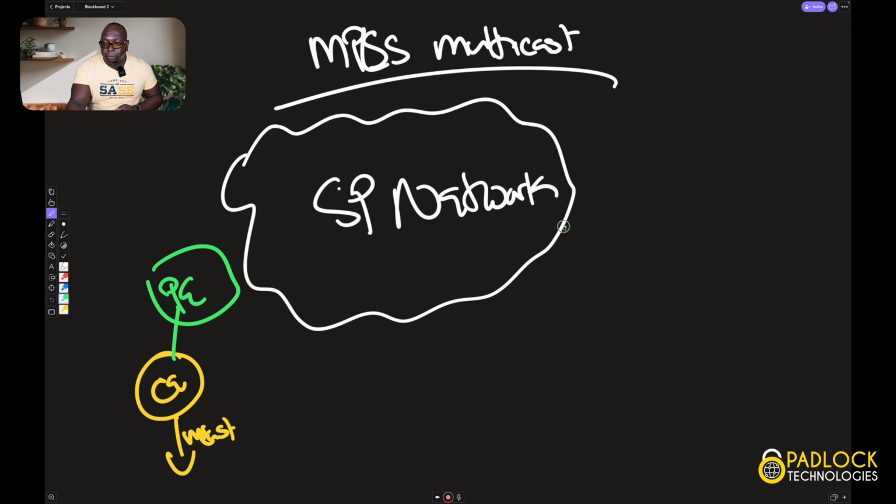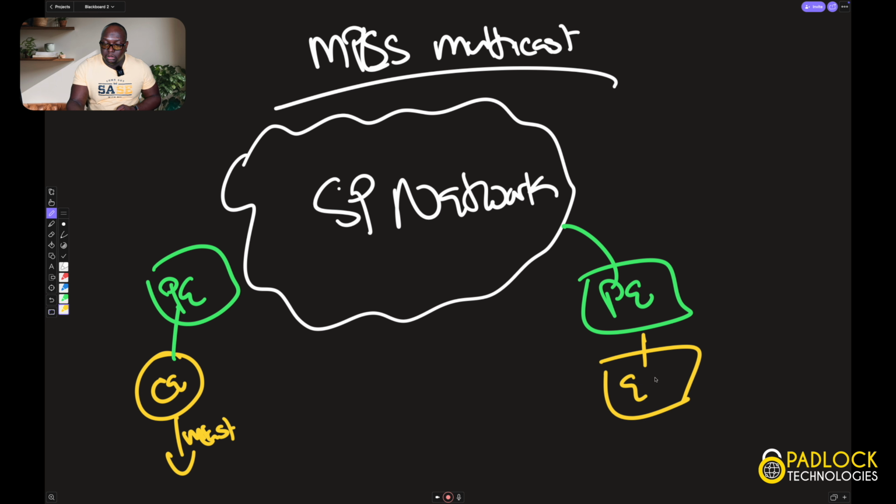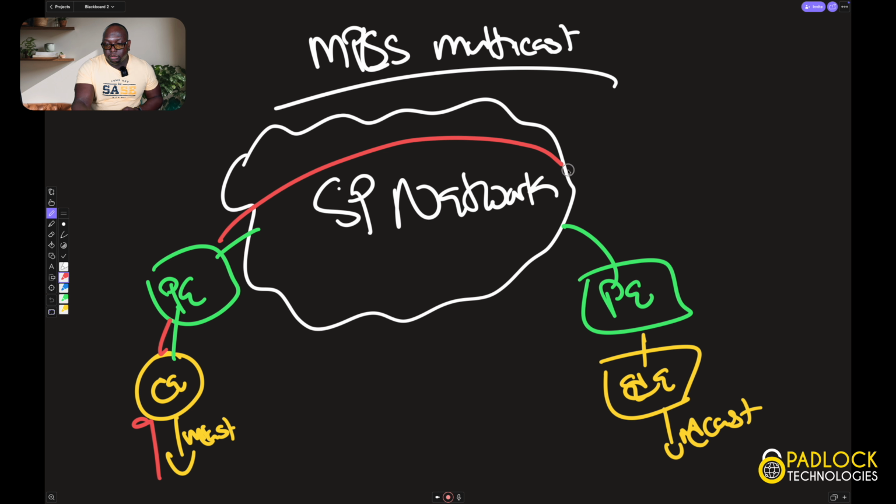And let's say you have another PE somewhere else, and then you have your CE, and you have multicast coming down here. What you're trying to do is get multicast to come up here to the CE, go through the PE, go through the provider network, come out the other PE down to the CE and down to the other end.